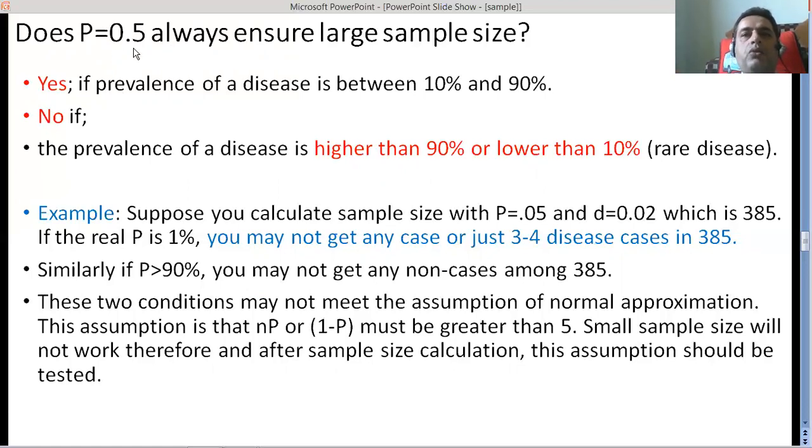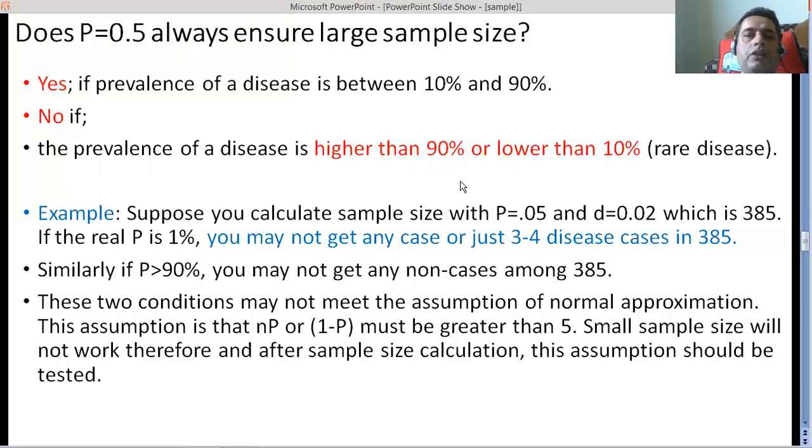But can it ensure a large sample size? Yes, if the prevalence of a disease is between 10% and 90%. There are many diseases lying in this range, so in most cases it can work. But no, if the prevalence of a disease is higher than 90% or lower than 10%, which happens in the case of rare diseases, some of which are present in only 1% or less than 1% of the population.